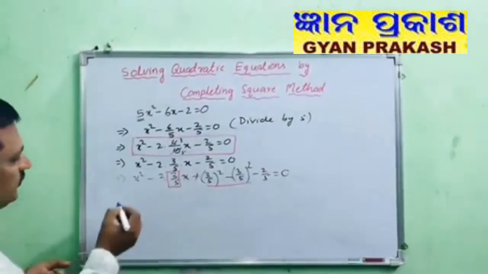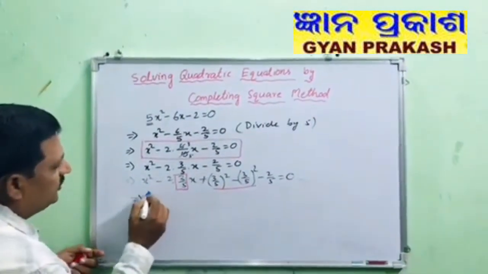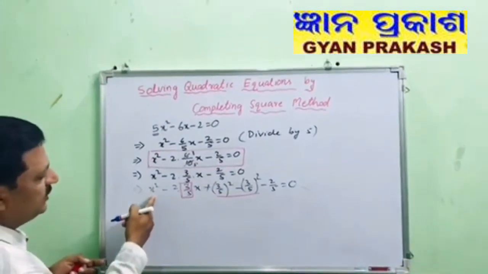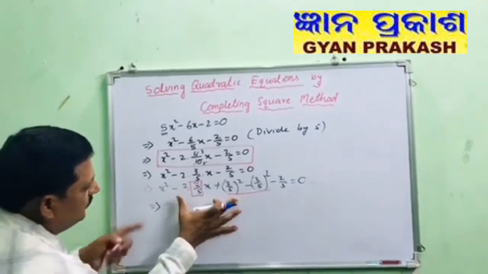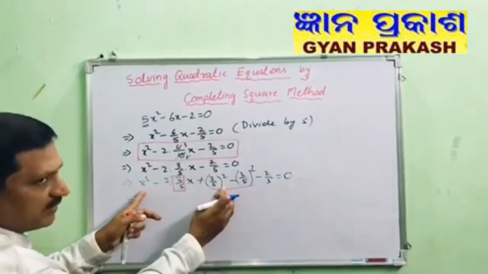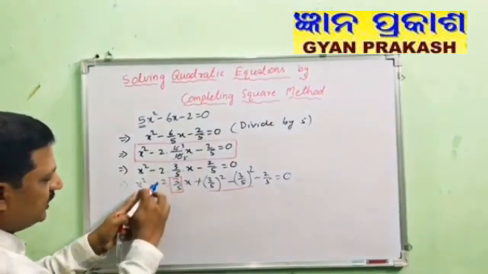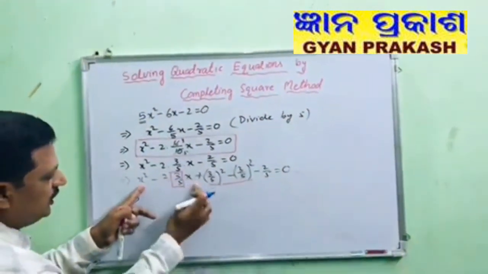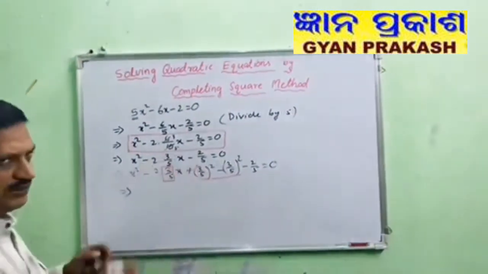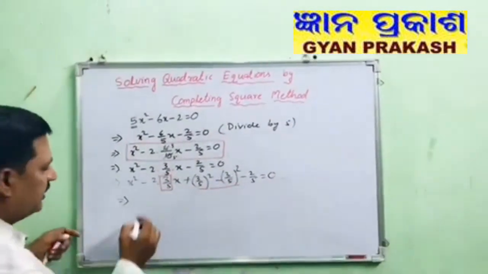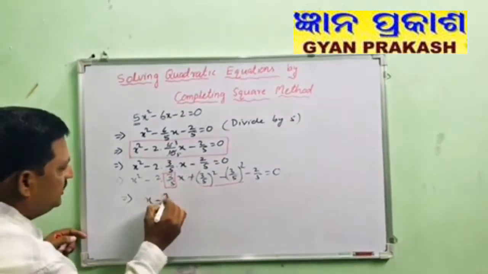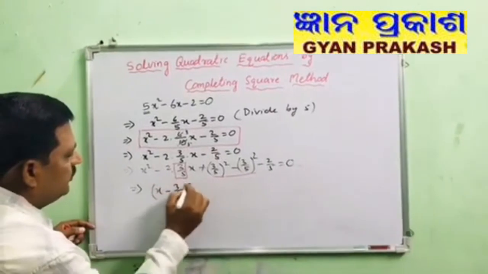Now what do we get? You can see x square, and from this part we can take (a minus b) whole square. a square minus 2ab plus b square, so it is (a minus b) whole square. That is equal to (x minus 3 by 5) whole square.